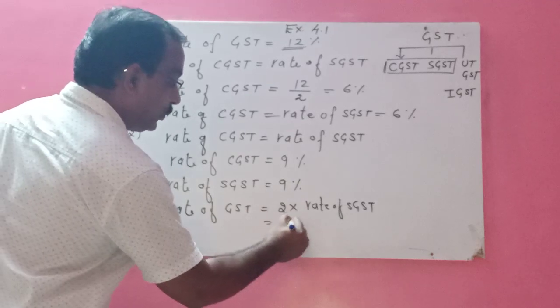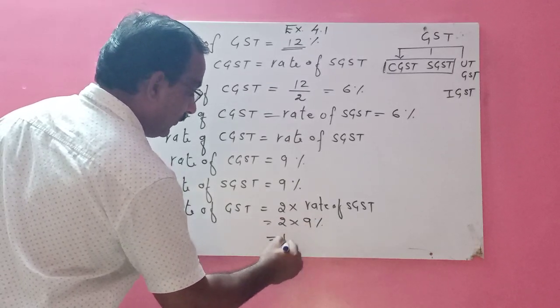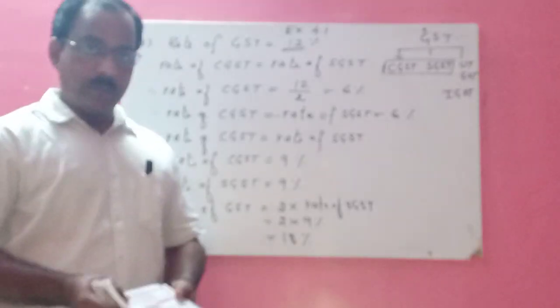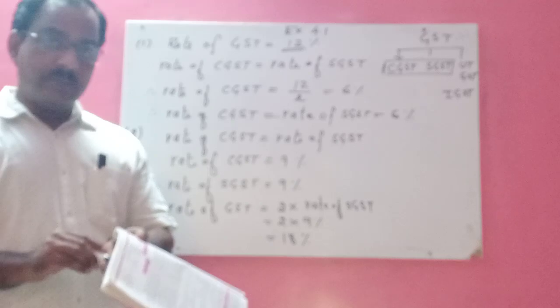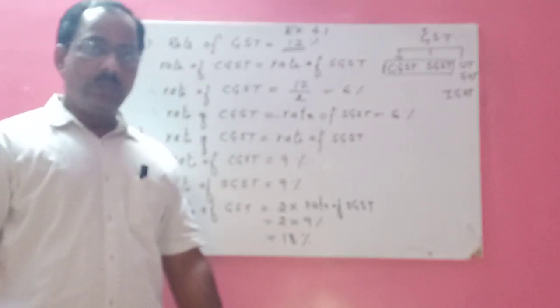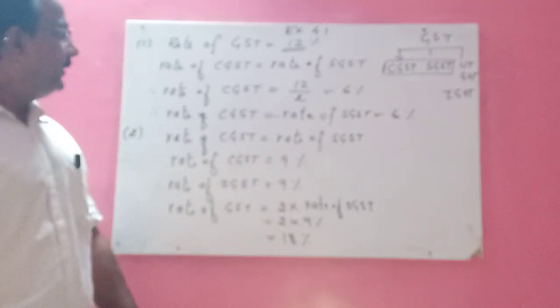So this is 2 into 9%, which is equal to 18%. Simple problem. It's very simple, children, and it can be asked for 2 marks. So just see this. Now I will do third sum.